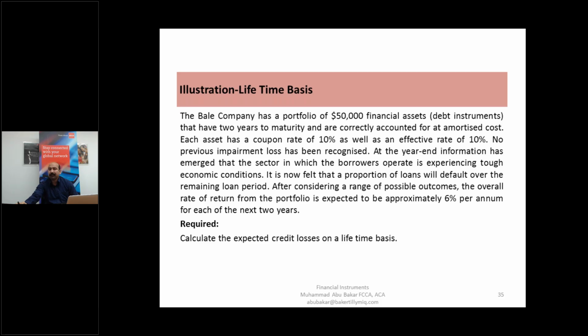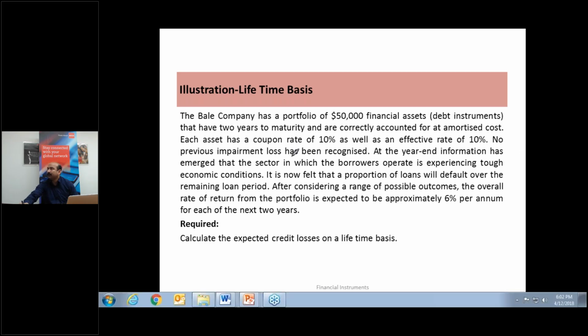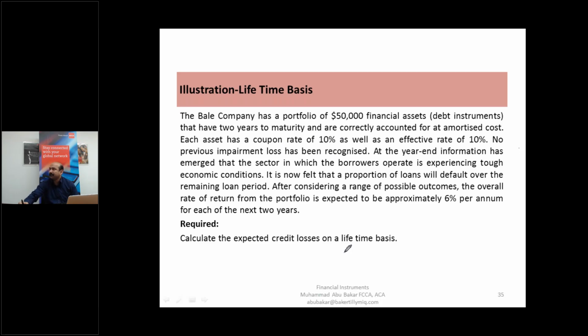So what is the shortfall? Shortfall is 2,000. Shortfall is basically the difference from what you expect. 5,000 was the original return, and this is the expected return, which is 3,000. And this is basically the shortfall in the return.